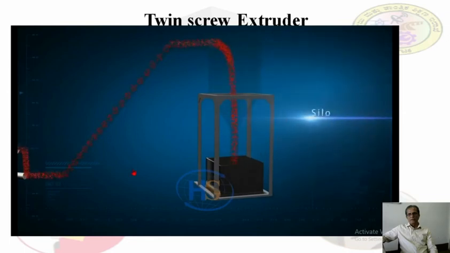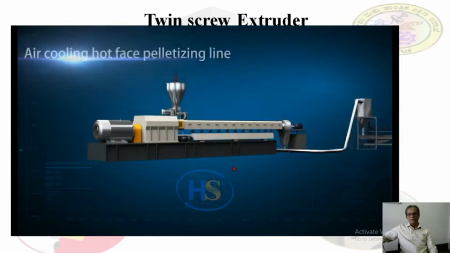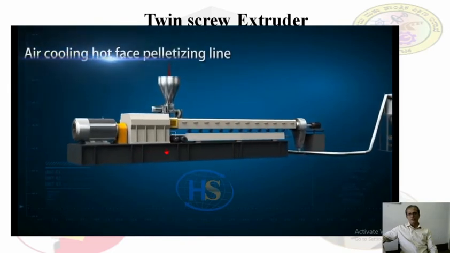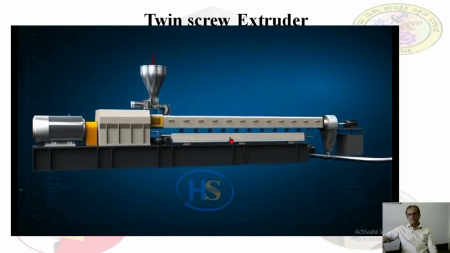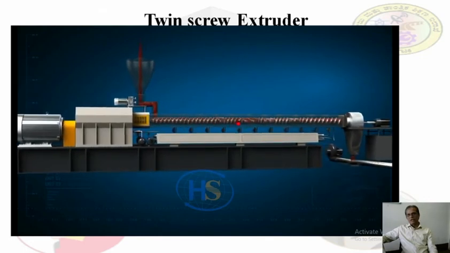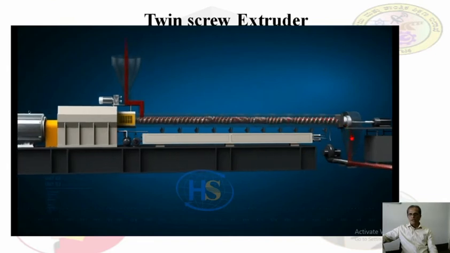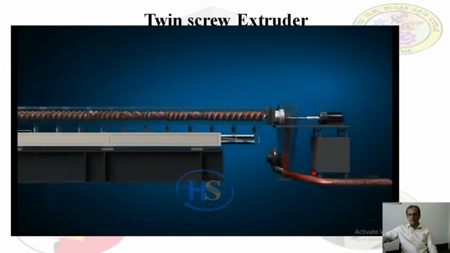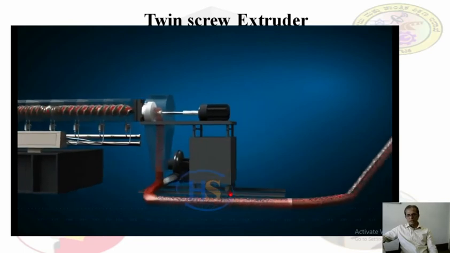So this type of arrangement, this is a silo in which it comes, and now air cooling hot face pelletizing zone. Now from here the material is charged. Again it is moving along with the screw. Now from the die it is going to fall down, and it is cut into the required size.